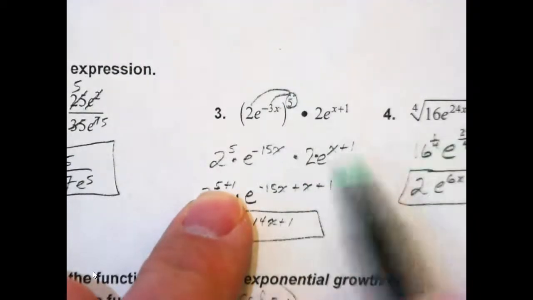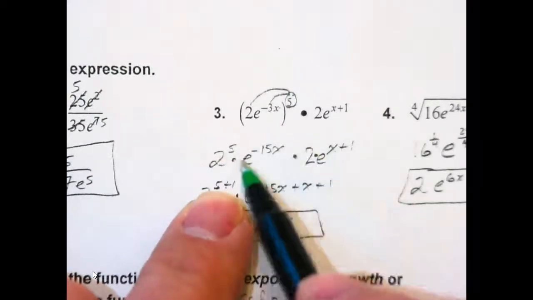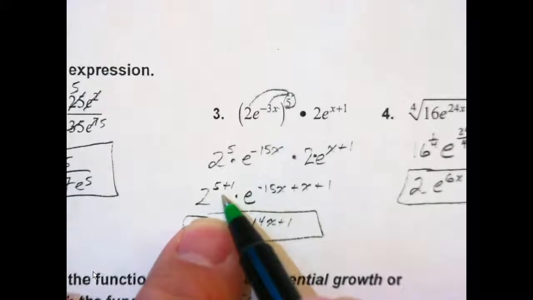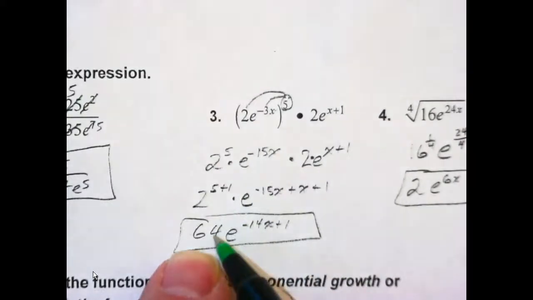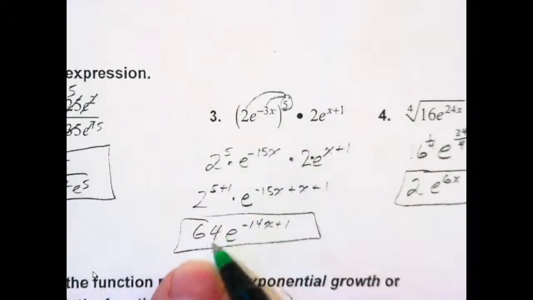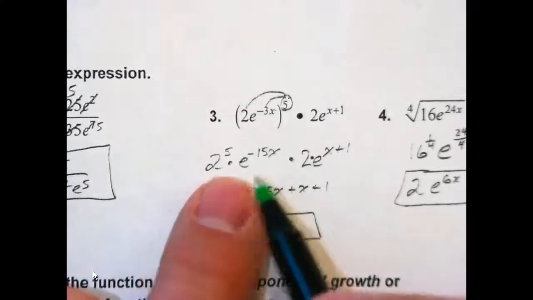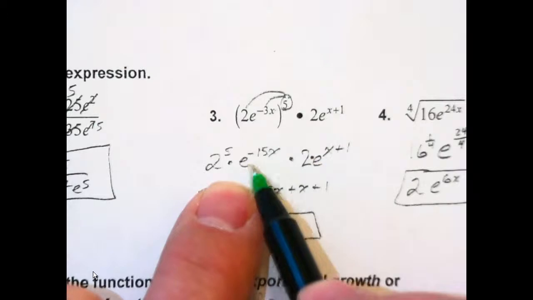Now, when I'm looking at this, I can say, well, 2 to the 5th and 2 to the 1st is actually 2 to the 6th. So that 32 I had is actually going to end up being 64, right? So 2 to the 5th, which was 32, when we multiply by another 2, we get 64. E, that's a base, and that's a base as well. I have the same base, I just add my powers.